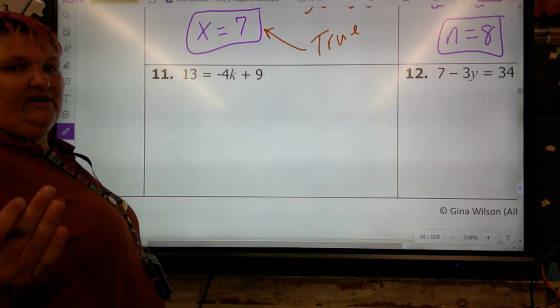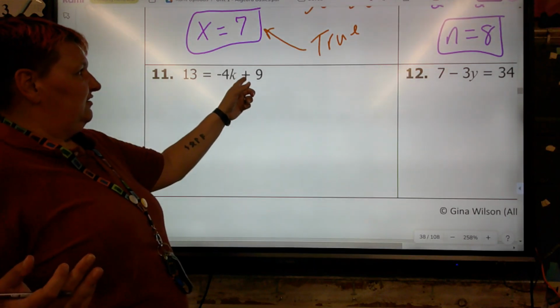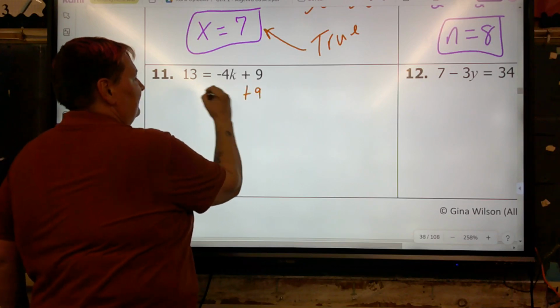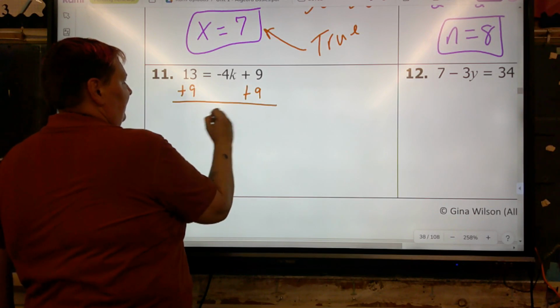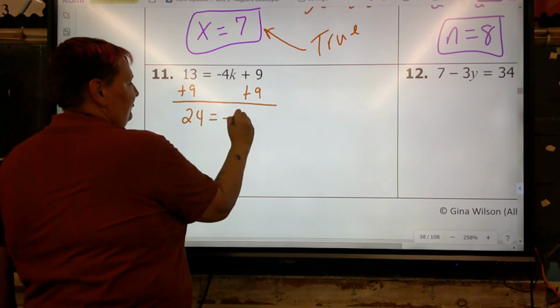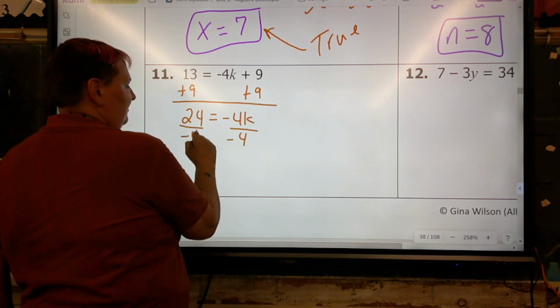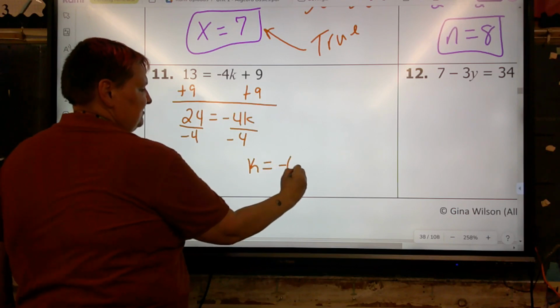What if, instead of subtracting 9, we add 9? Add 9 to both sides. Now we have 24 equals negative 4k. We divide by negative 4. We're left with k equals negative 6.